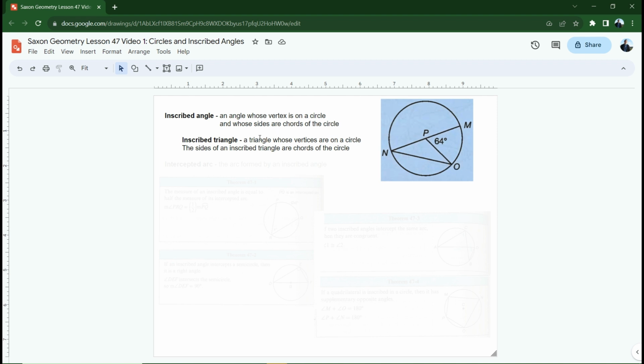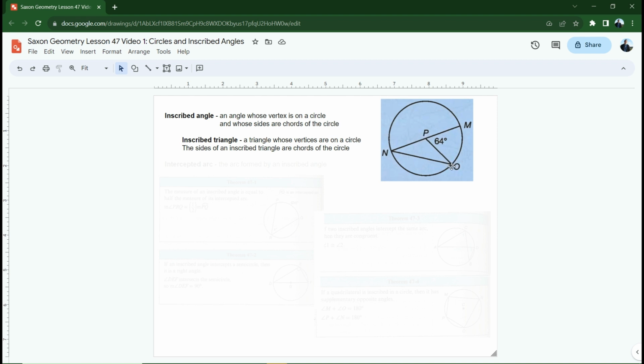It's a triangle whose vertices are on a circle, and the sides of an inscribed triangle are chords of the circle. Vertex N is on the circle, vertex O is on the circle, but see how vertex P is the center of the circle? It's not on the circle.